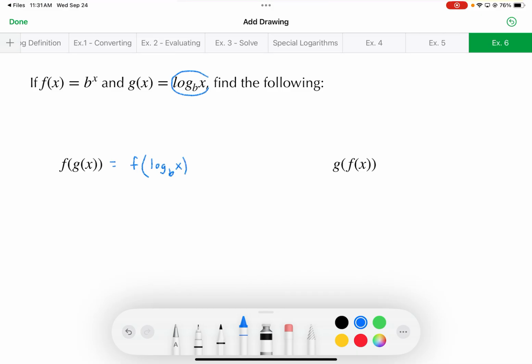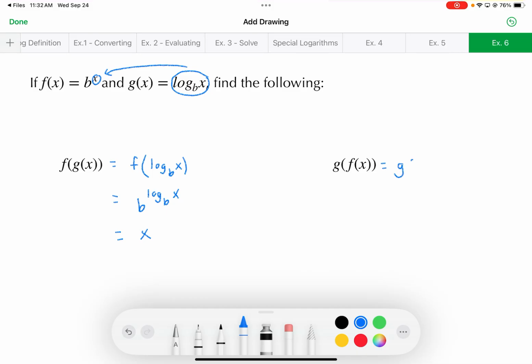So I'm basically taking that function and I'm substituting it in right there. So that's going to give me b raised to the power log base b of x. Well, as we just saw from the previous example, since the base of b is the same as the base of the logarithm, they effectively wipe each other out, and we equal x.